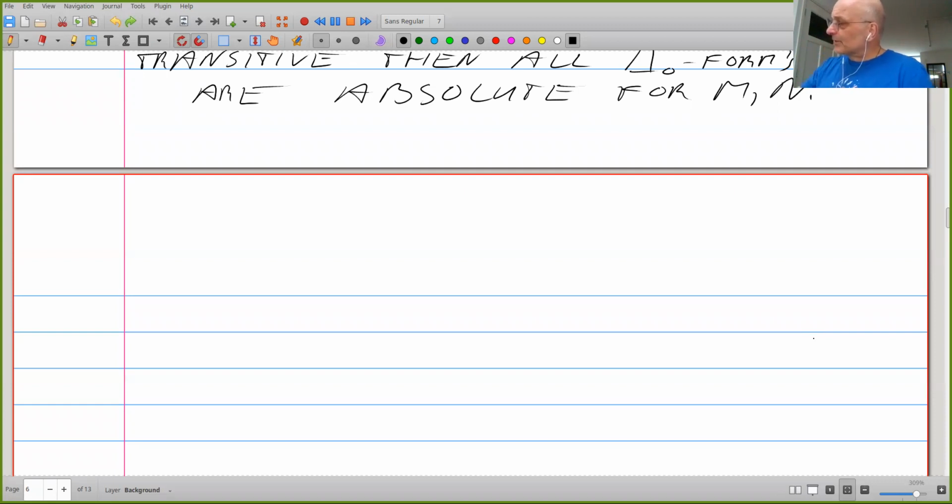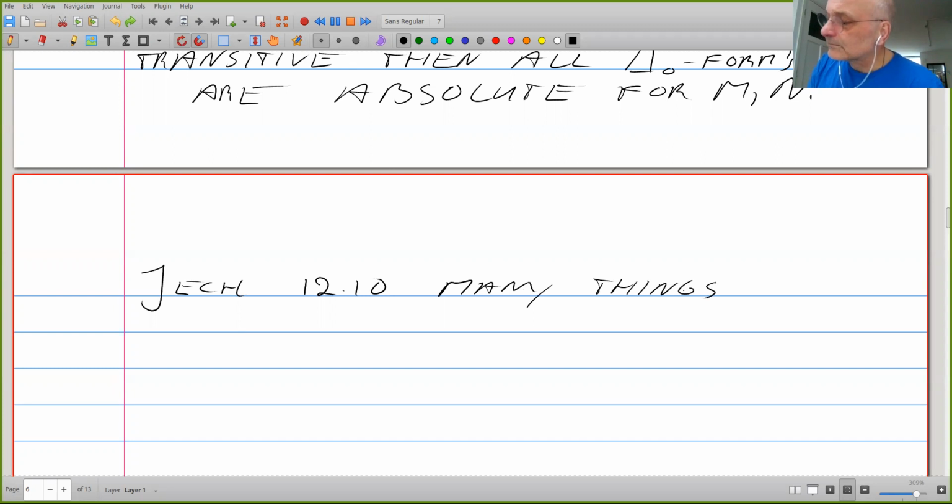And I put in my notes a long list of things that are delta zero, but in Jech there is lemma 12.10. Many things are delta zero.